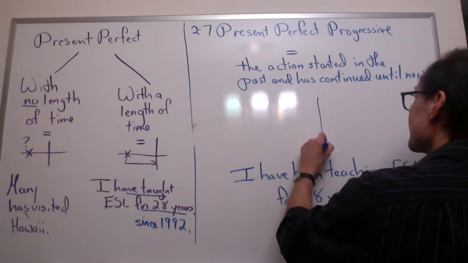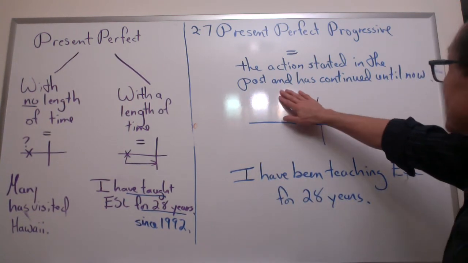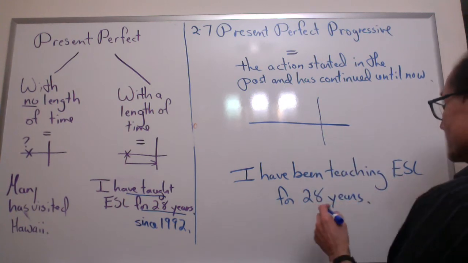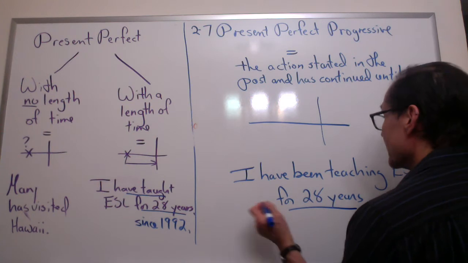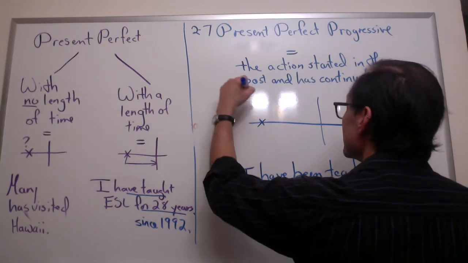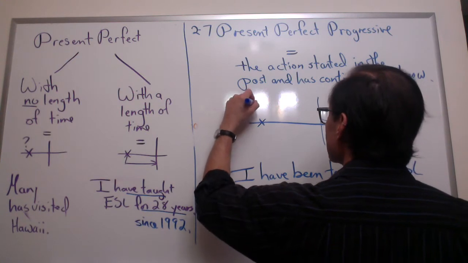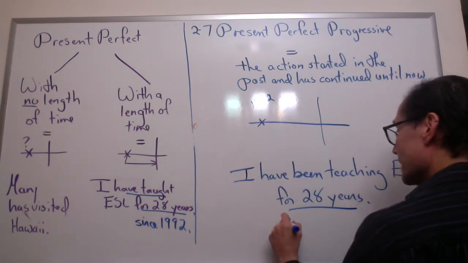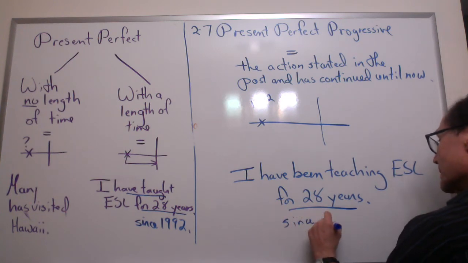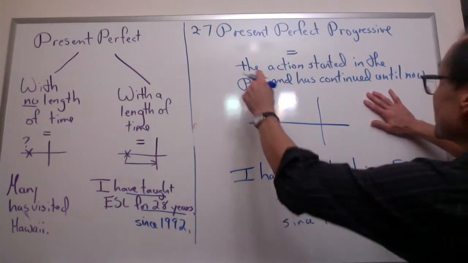Let's draw a picture. So we say that it started in the past and it continues until now. So when did it start in the past? It started 28 years ago. So this would be back in 1992. And I could also say I have been teaching ESL since 1992. So it started in the past.